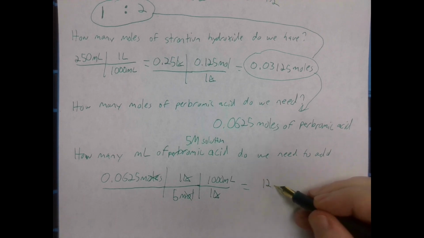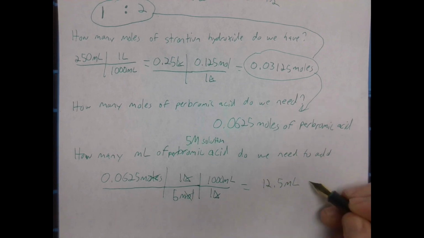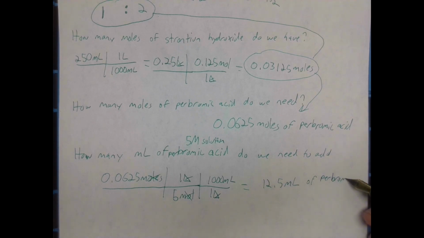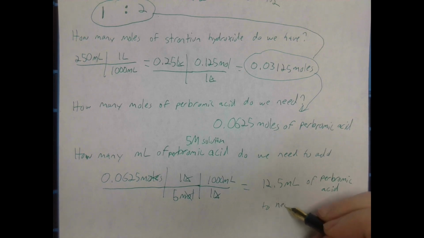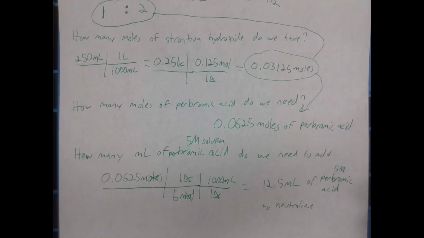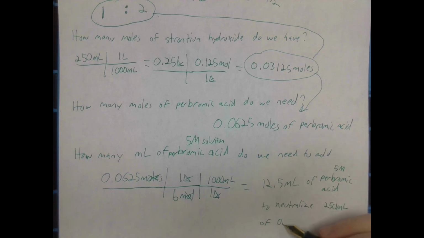And thus we need 12.5 milliliters of perbromic acid, and this is 5 molar perbromic acid, to neutralize 250 milliliters of 0.125 molar strontium hydroxide.